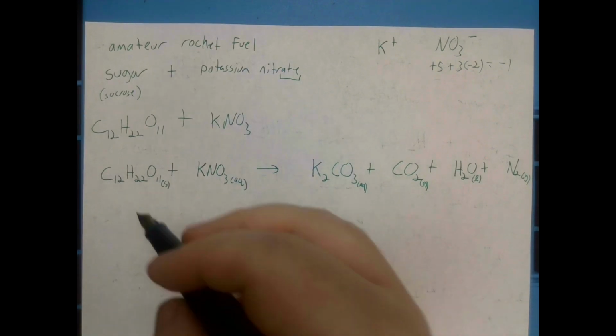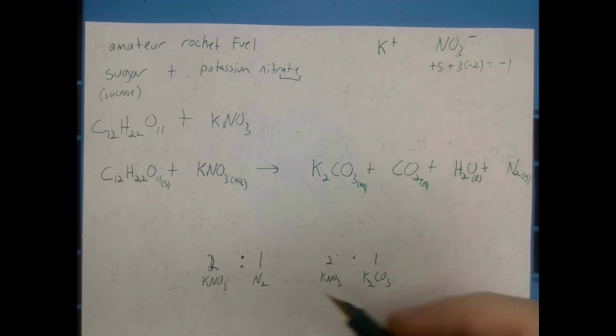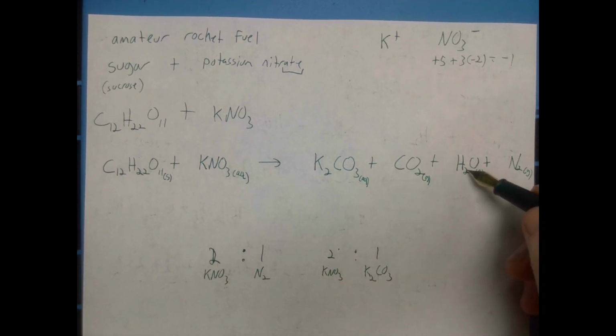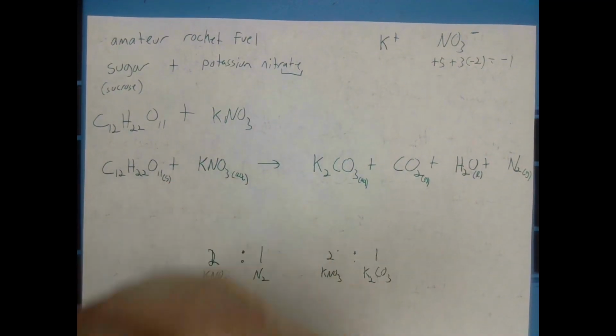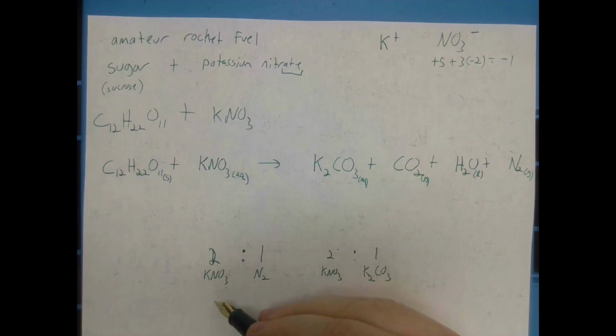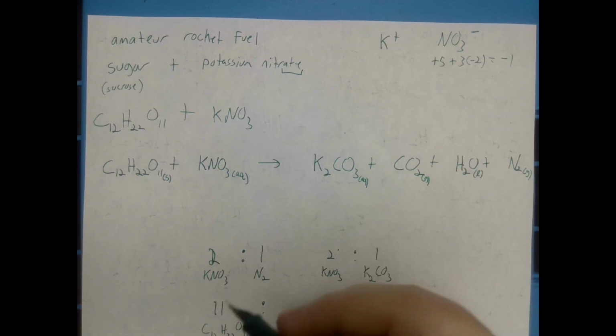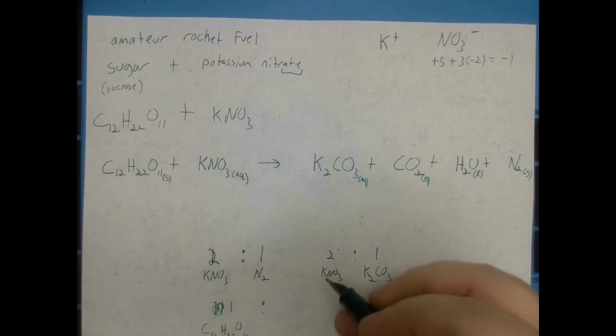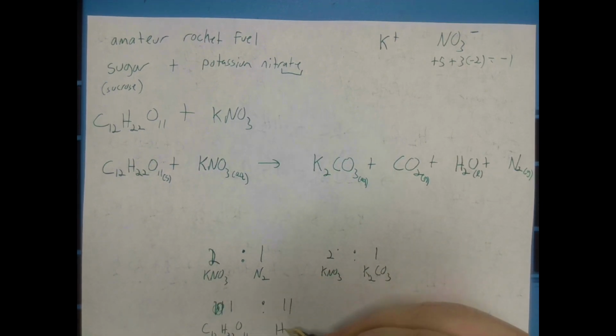Oh yeah, okay, good. Hydrogen. So, what's the ratio here? It's 11 of these per one of these. So, 1 sugar to 11 water.